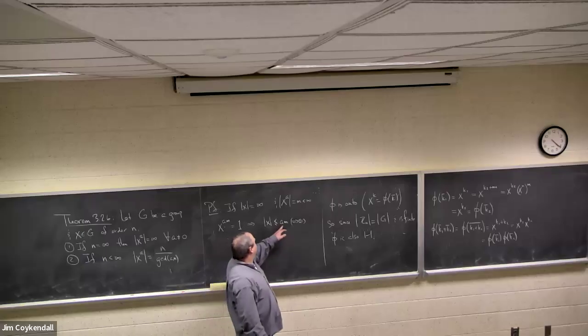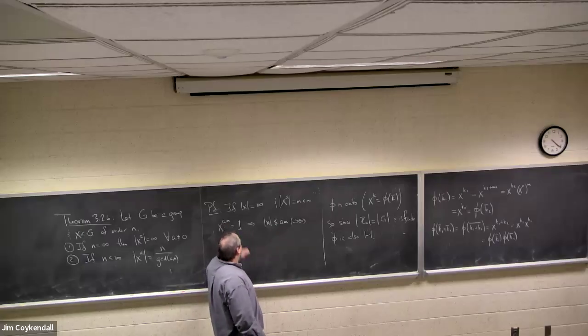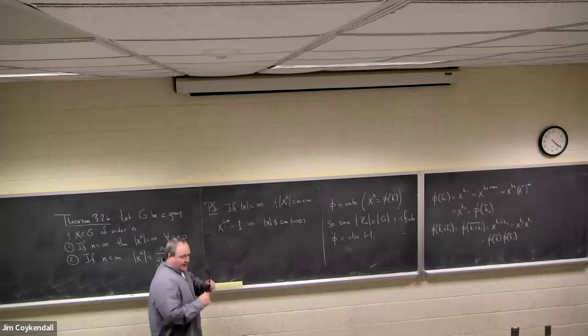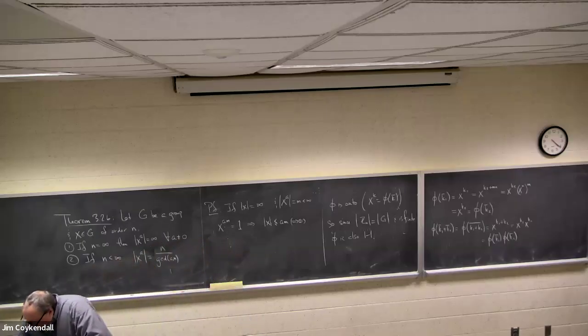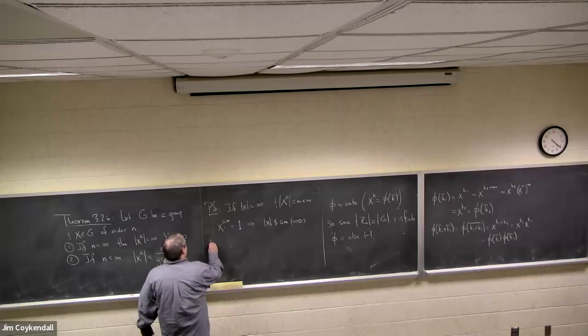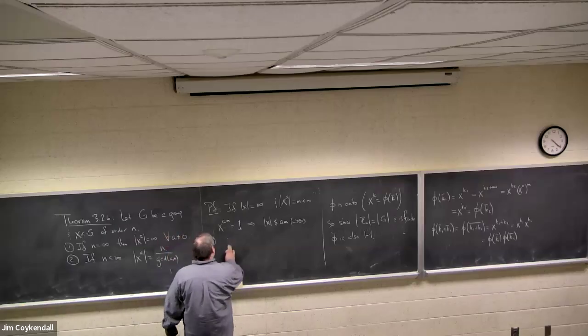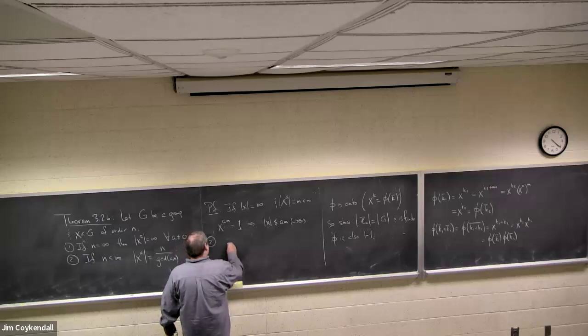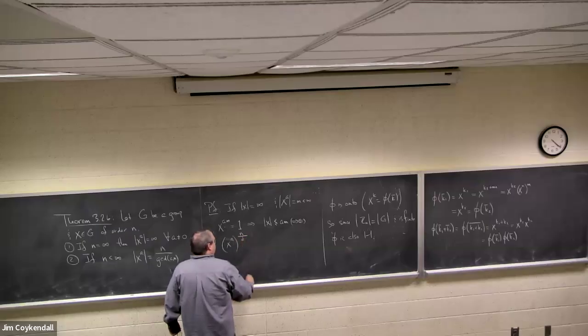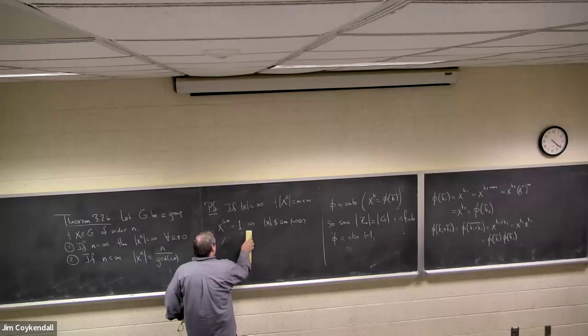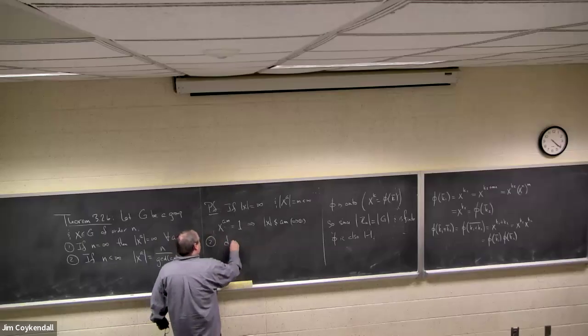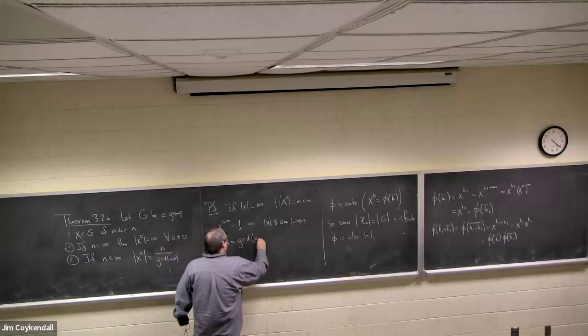As long as a is not 0, this holds. And for the second statement, let me first notice, if you look at x^a to the n over d, let me write it this way. d is gcd(a, n).